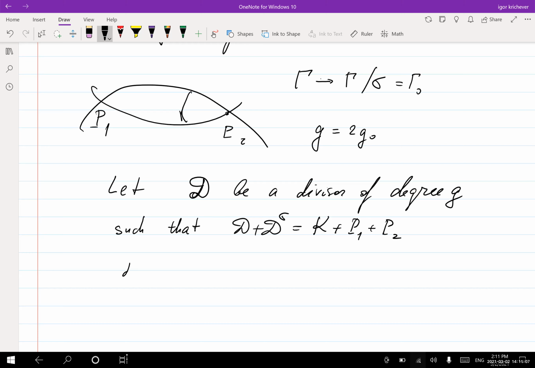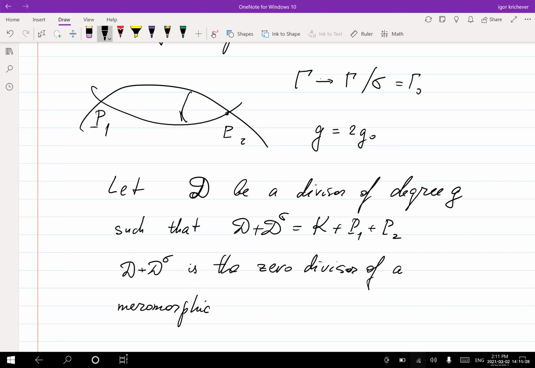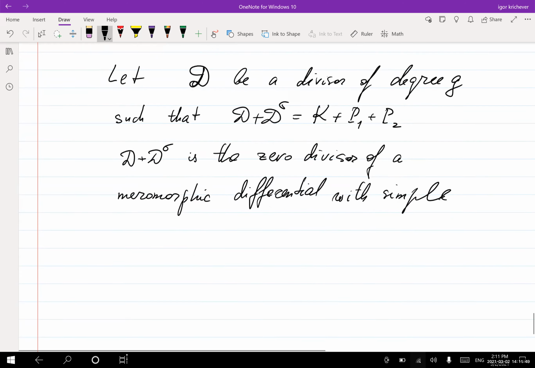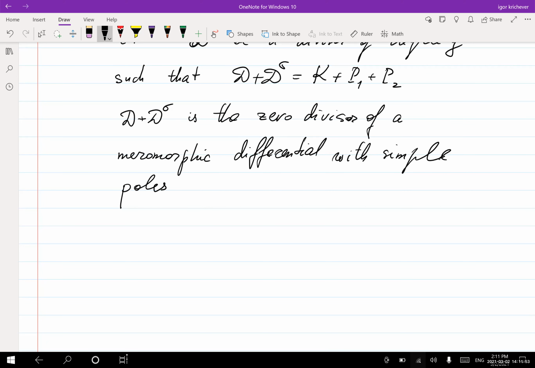In other words, D plus D sigma is the zero divisor of a meromorphic differential with simple poles at the fixed points P1 and P2.